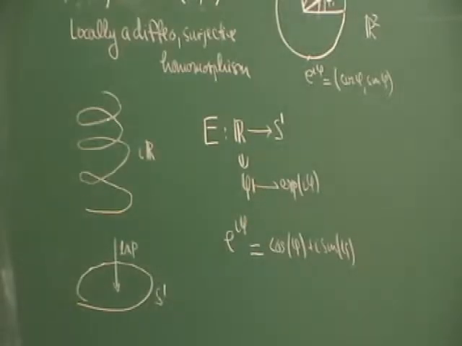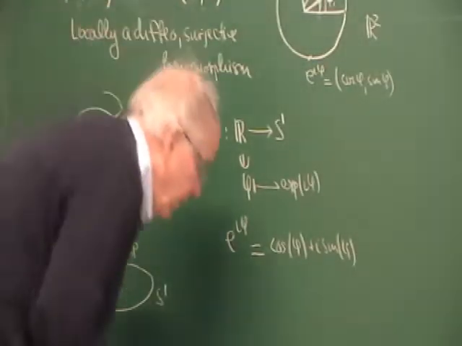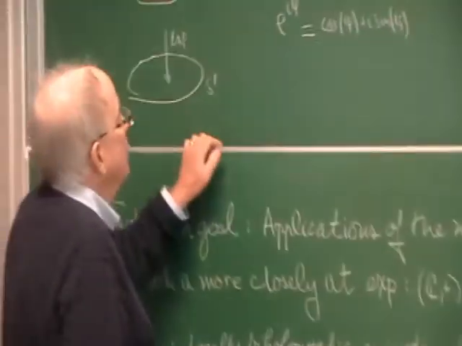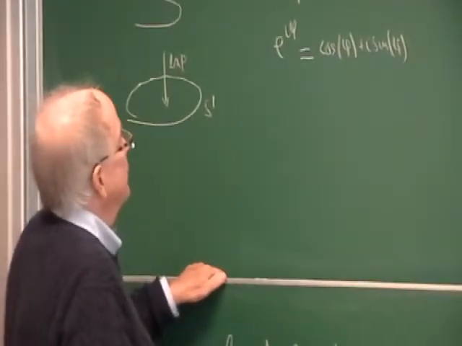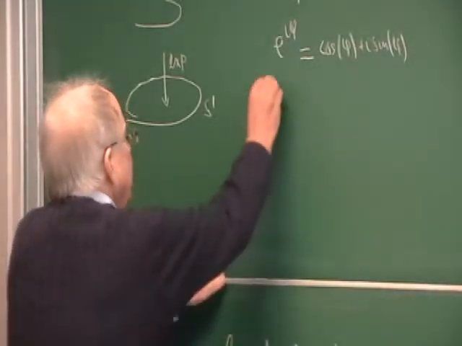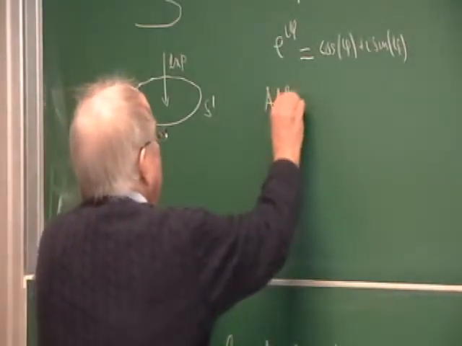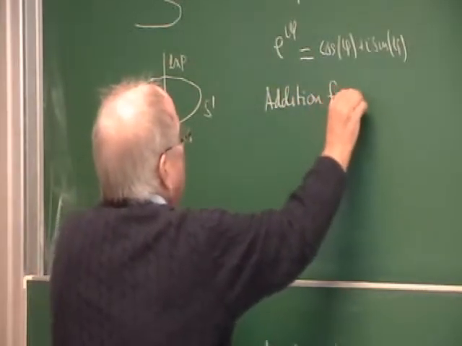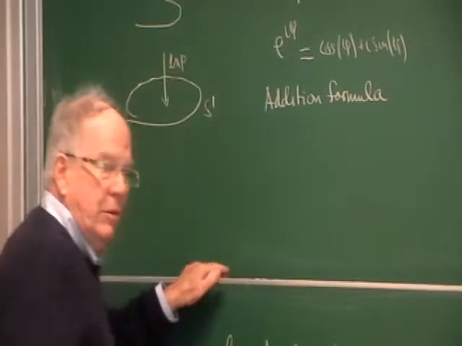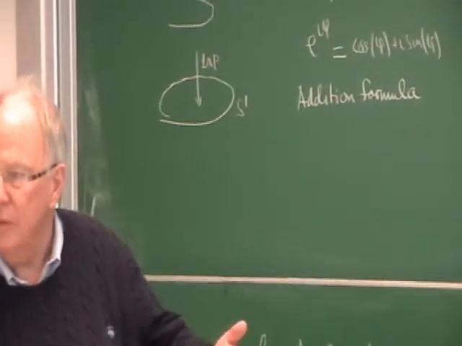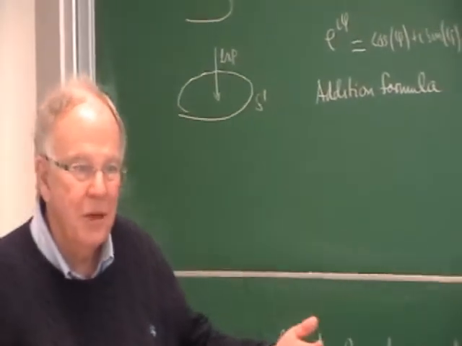Okay. And one of Euler's big jobs, which he did formally but not precisely, and was somehow known to everybody since the beginning of life, but never really proved, was the addition formula. You know, how to figure out what is the cosine of the sum of two angles, and how to figure out what is the sine of the sum of two angles.